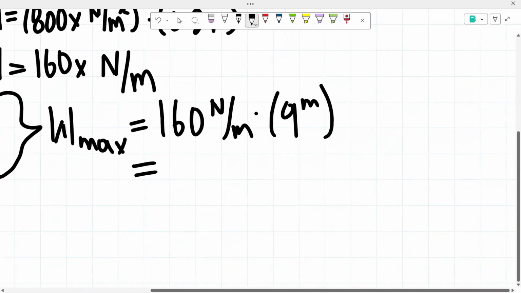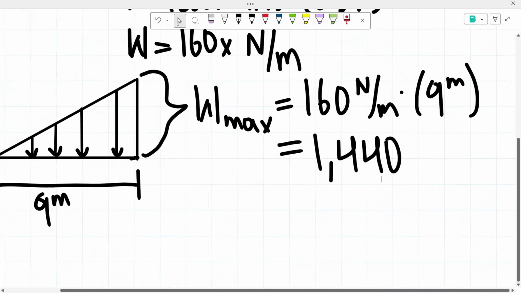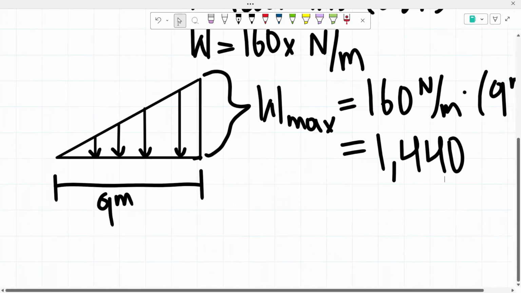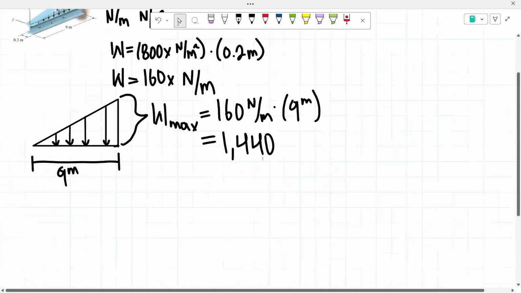And that should give you a total of 1,440x. So now that we have that, we can proceed to finding the equivalent resultant force, and the location of that resultant force.